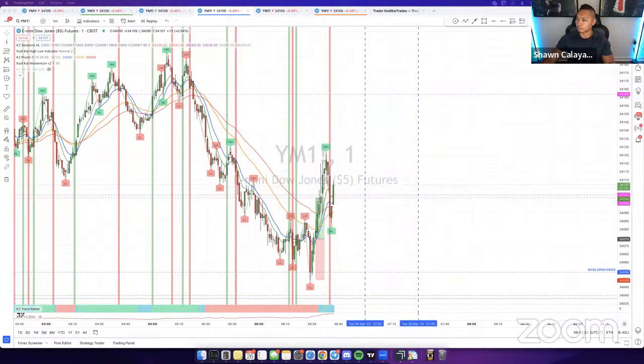Turn that off. Sorry guys, I'm doing some stuff here on this side real quick. All right, so this will technically be the momentum counter scalp if this closes green.